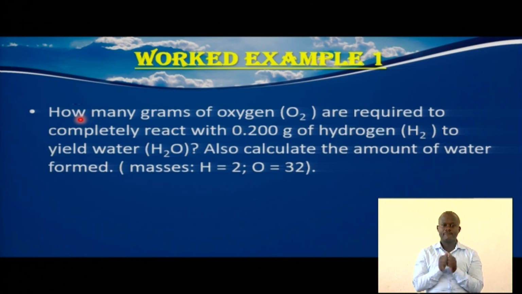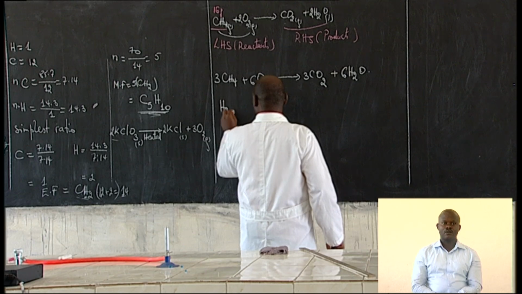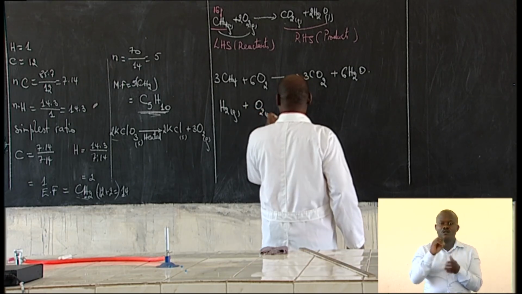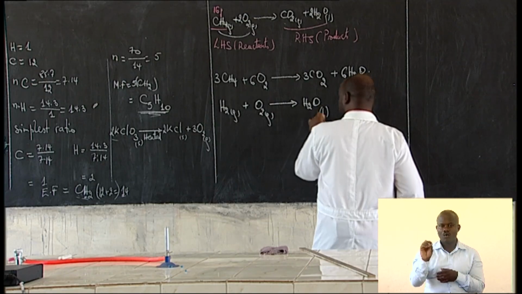There is nothing we can do if we don't know the balanced equation for the reaction which takes place. So for the reaction which takes place, we have hydrogen, which is a gas, reacting with oxygen, which is also a gas, to produce H2O, which is liquid.